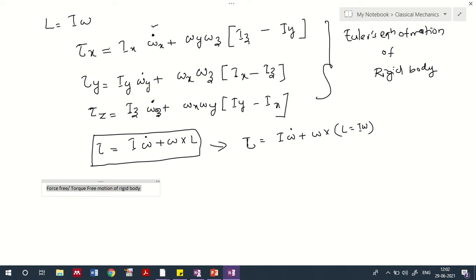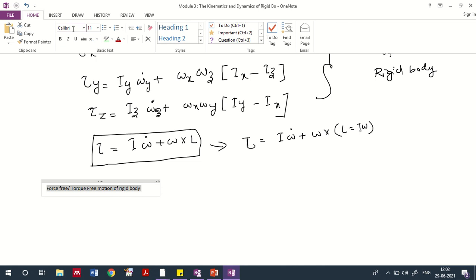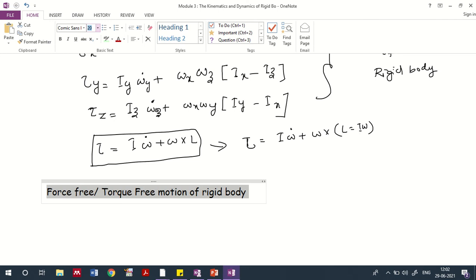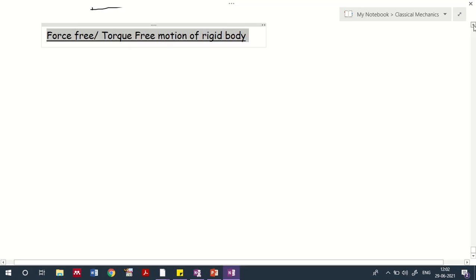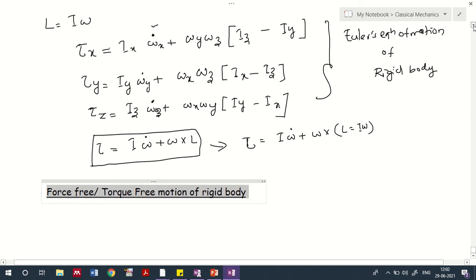Okay, so we'll consider that now. So force free and torque free motion of a rigid body we'll consider now. For that I need Euler's equations of motion. These three equations we call Euler's equation of motion of a rigid body. So now what does torque free mean?